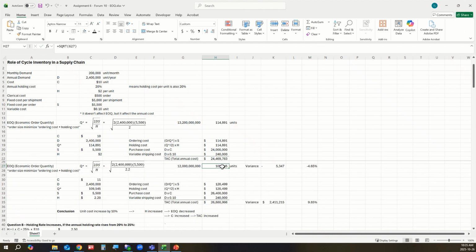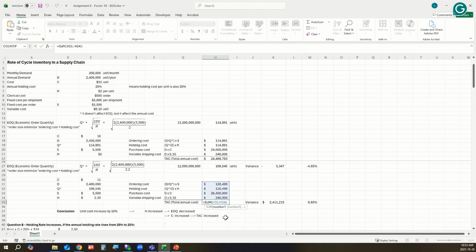The order quantity now is 109,545 units. The original order quantity is 114,891 units.